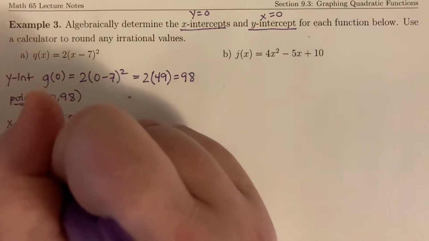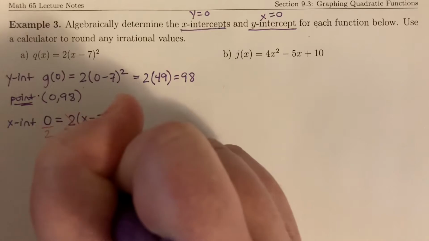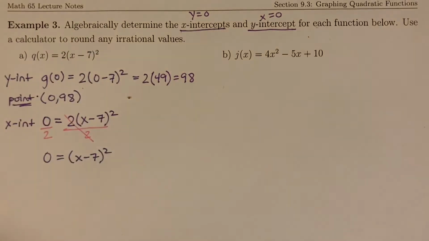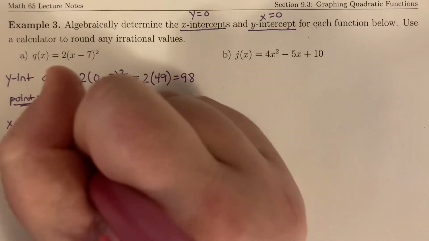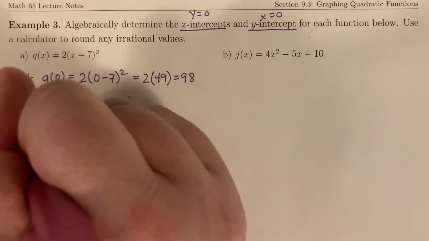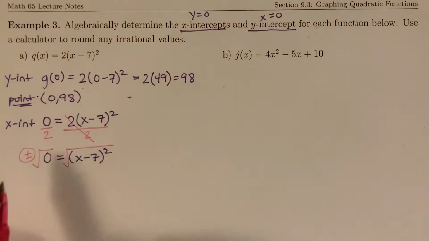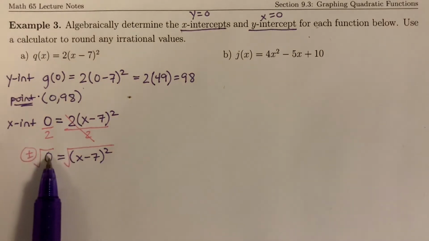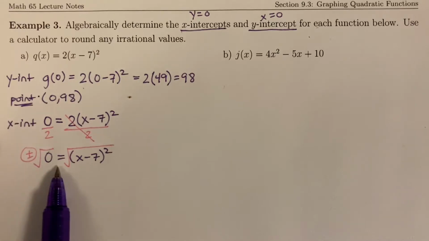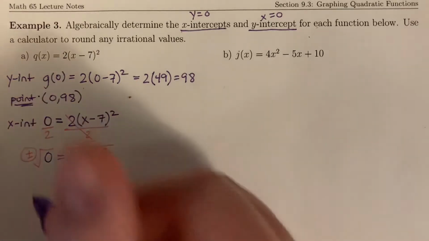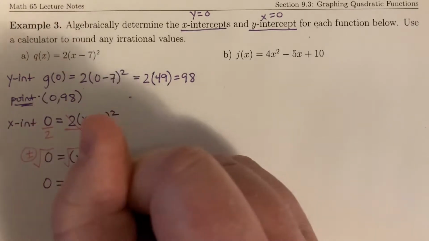And then I just get 0 equals x minus 7 quantity squared. And then I can square root both sides. Now normally, anytime you use that square root property, you have to use that plus or minus. But 0 is the one exception. I can't have negative 0 or positive 0, it's just 0. So the squared just goes away.